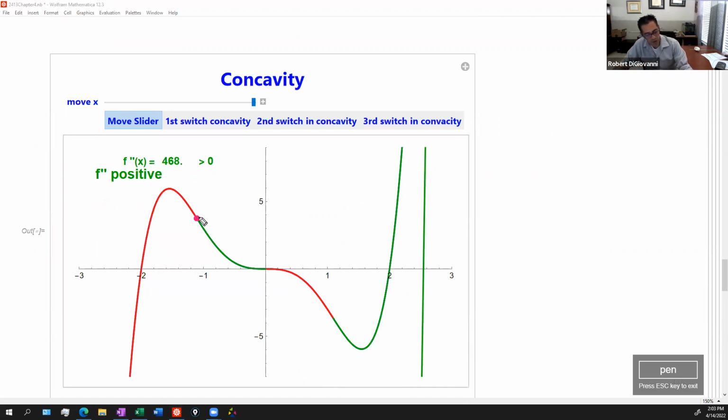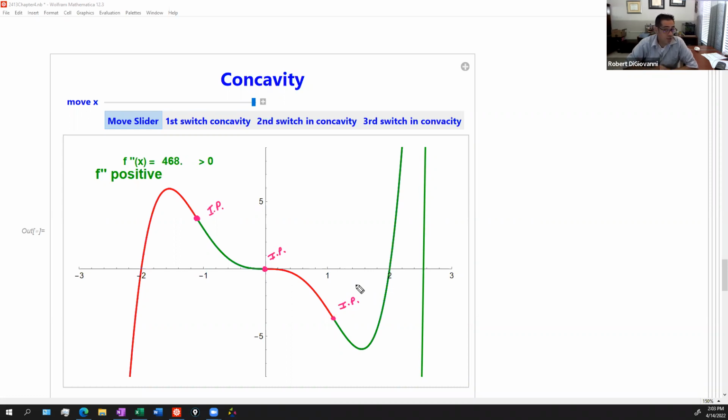That would be an inflection point, I'm just going to put IP for inflection point. This would be an IP, and this would be an IP. The reason those are called inflection points is that's where you have a change in concavity. Anytime there's a change in concavity, you have inflection points. Okay?